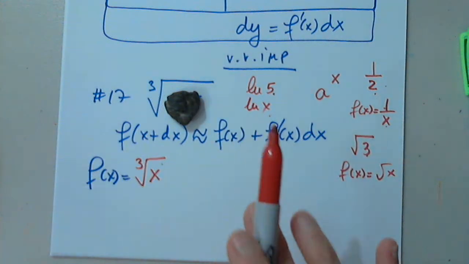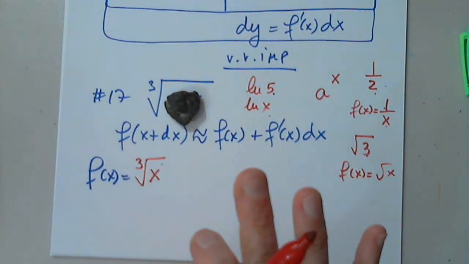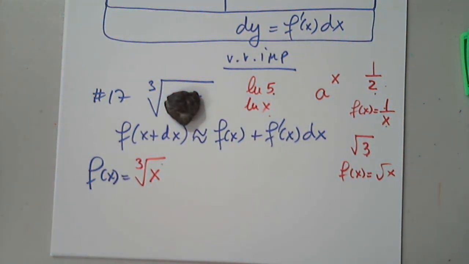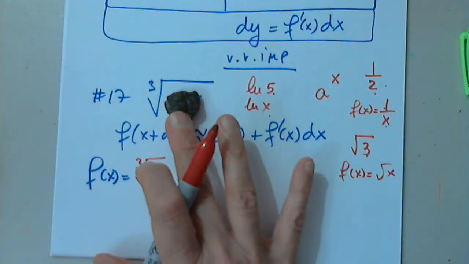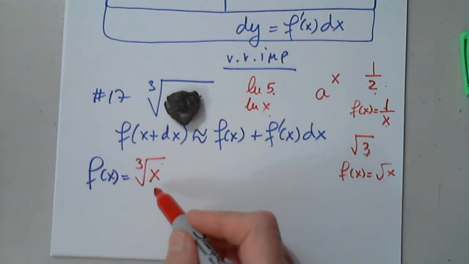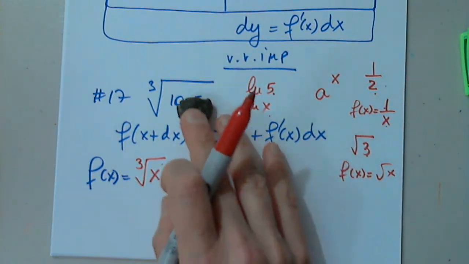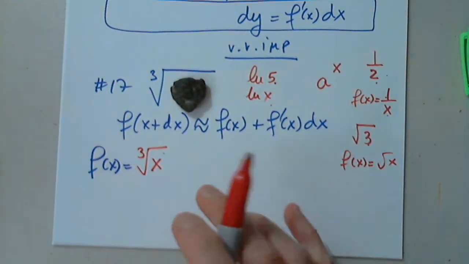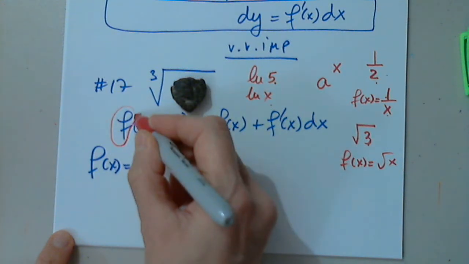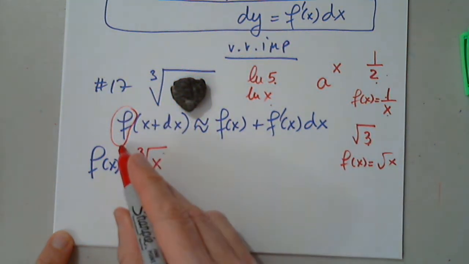So the function here is the cube root of x. Do we understand that? That's the first step and one of the most important. Is it clear how we identify that this is the cube root of x applied to this number? Yes. Excellent. So I identified this piece. So that's done.